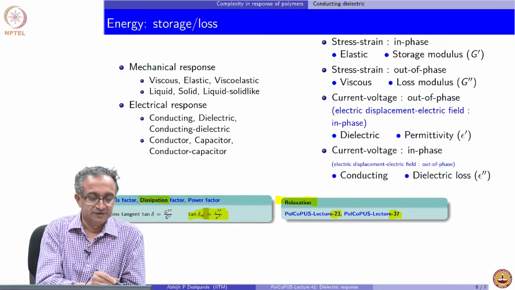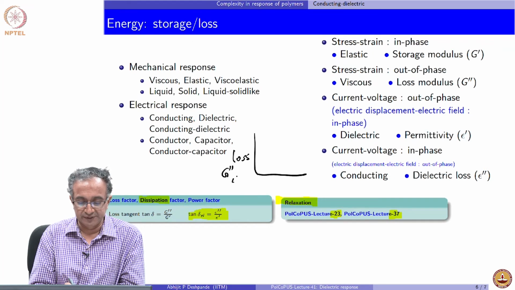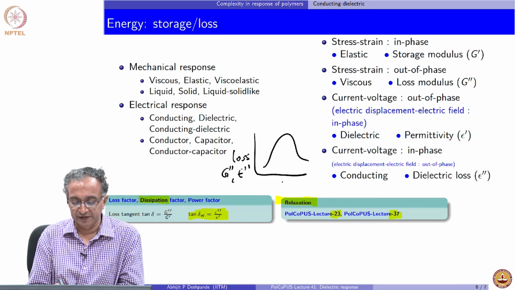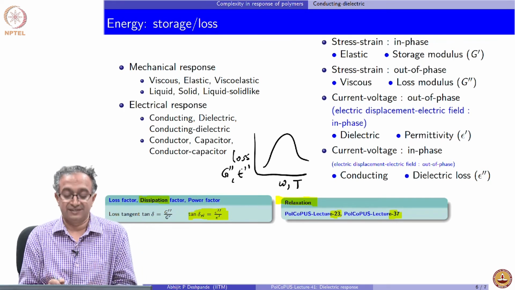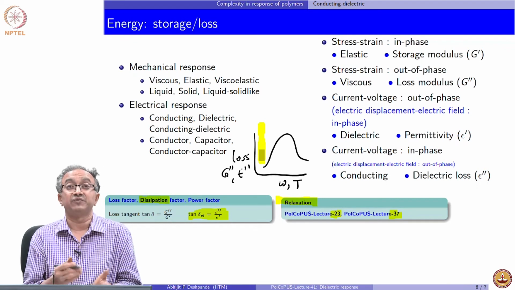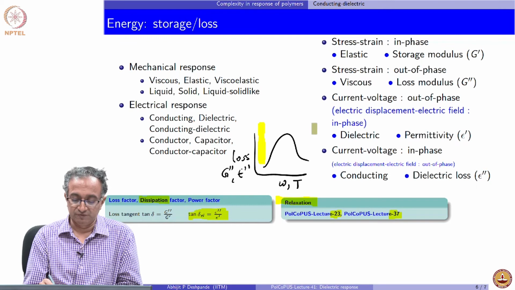Quite often we will see that loss quantities such as G double prime or epsilon double prime show a peak as a function of either frequency or temperature. This indicates that at one end of the condition, very little dissipation was possible.